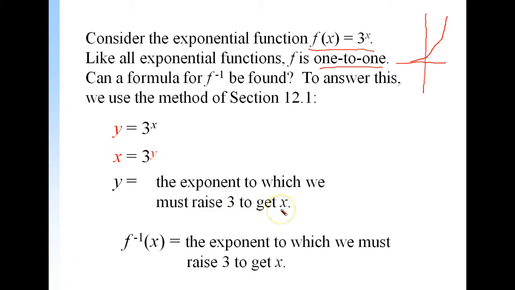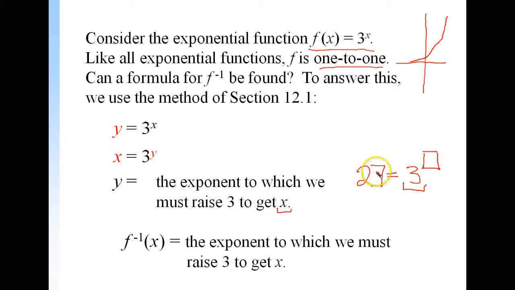To get x. And as I did in the textbook slides, I made this little picture. What is y? Again, y is an exponent to which we must raise 3, which is our base, to get x.